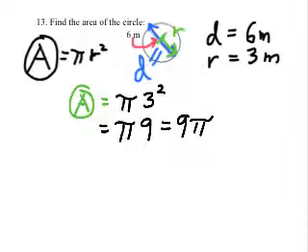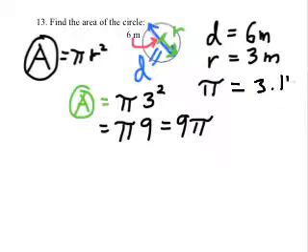Now, oftentimes we'll assume that pi is 3.14. I mean, pi can be taken out to millions of places, so it's not exactly 3.14, but for our purposes, pi equals 3.14. It's accurate enough for us.